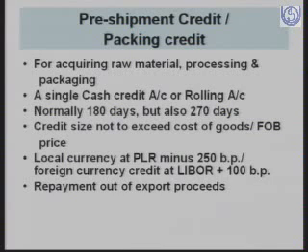Either a single cash credit account is opened, the bank opens a single cash credit account in the name of the exporter, or there is a rolling settlement account. Every time that the exporter exports the goods, it gets the credit.